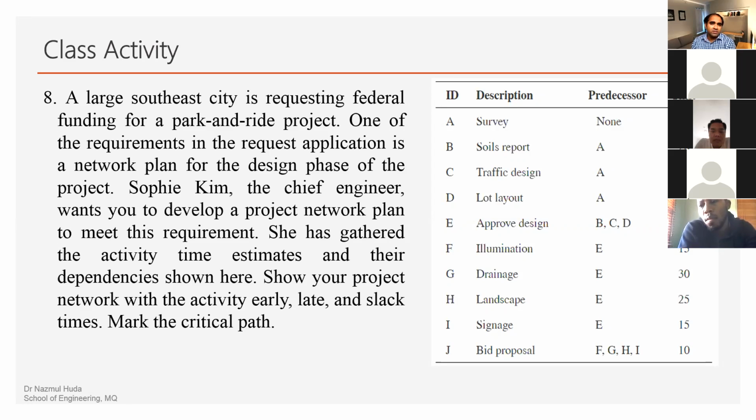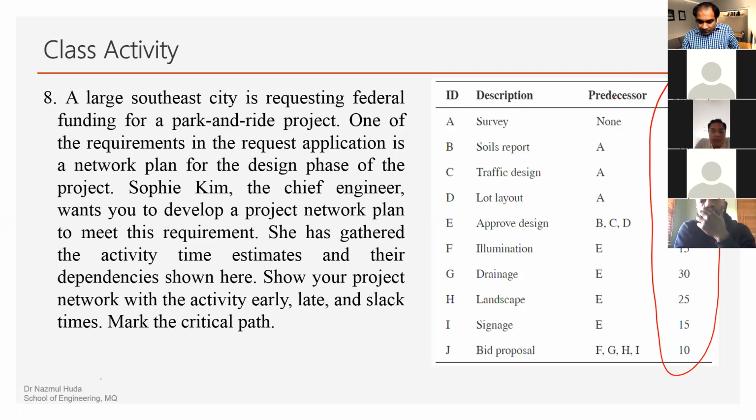So you'll be given a table like this with the duration, and how the activities are related. This is a very typical example of what you can expect in the exam questions.